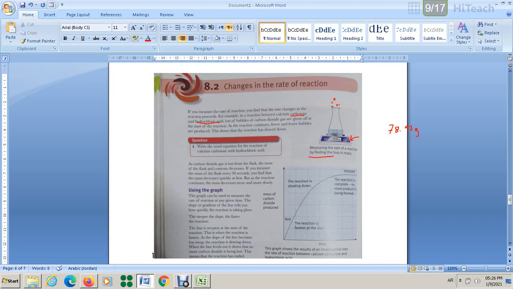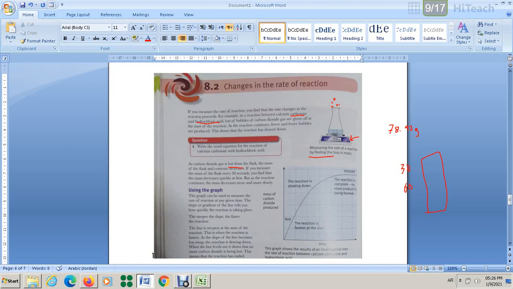So as the carbon dioxide is lost from the flask, the mass of the flask and its contents will decrease. If you measure the mass of the flask every 30 seconds, for example, and put it in a table, looking at the balance, you will find the mass decreases because the carbon dioxide escapes from this flask.